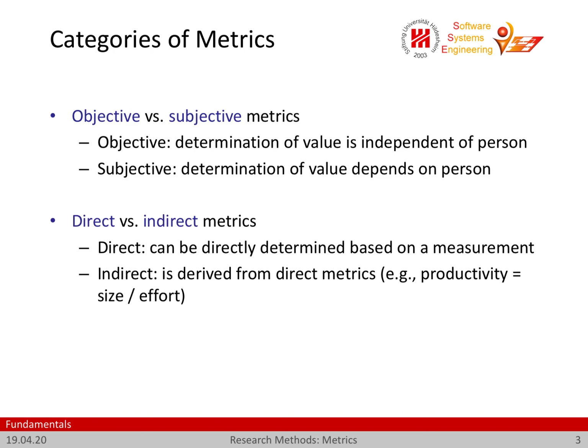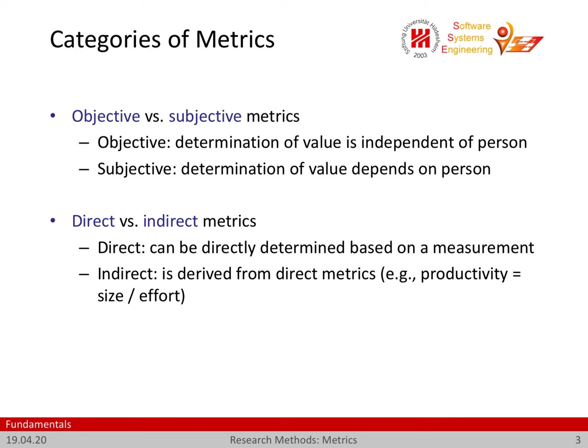Further, there are also direct versus indirect metrics. Direct metrics are metrics that can be directly determined based on a measurement. These are results that we can get directly as a mapping from reality to the theory domain. Indirect is a metric if it is derived from direct metrics.